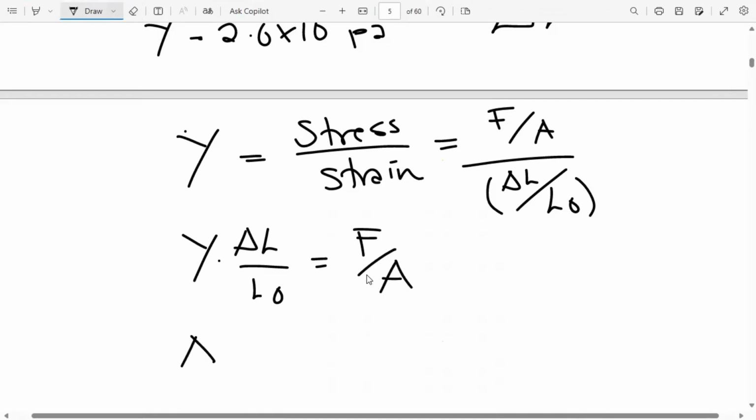If we rearrange this further to make change in L the subject of the formula, we're going to end up with change in L equal to force multiplied by initial L, over cross-sectional area multiplied by the value of Young's modulus.